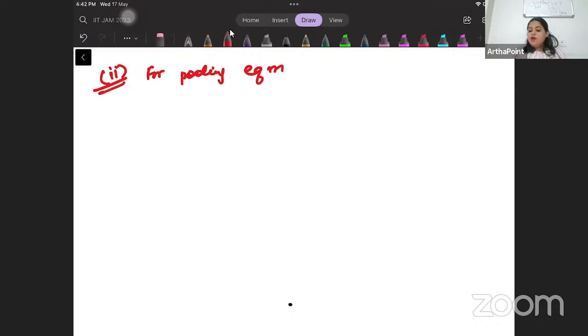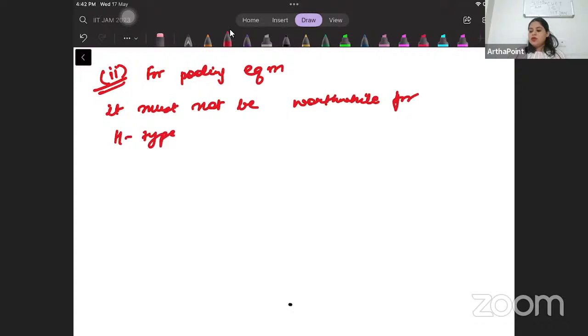So please write down, for pooling equilibrium it must not be worthwhile for H-type seller to offer warranty. So pooling equilibrium सिर्फ तब चलता है जब जो हमारा हाई टाइप सेलर है वो वारंटी ऑफर ना करना चाहे. He does not want to offer the warranty.